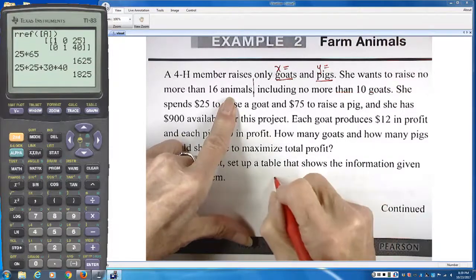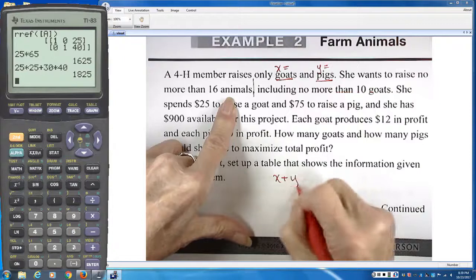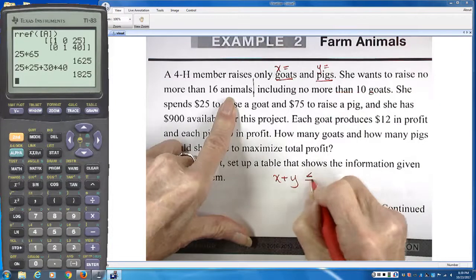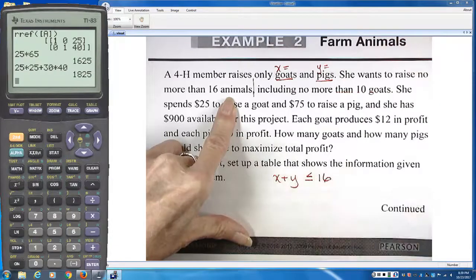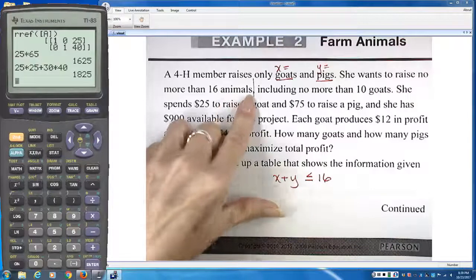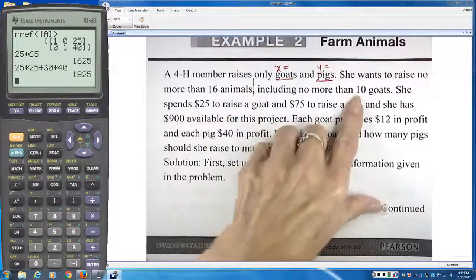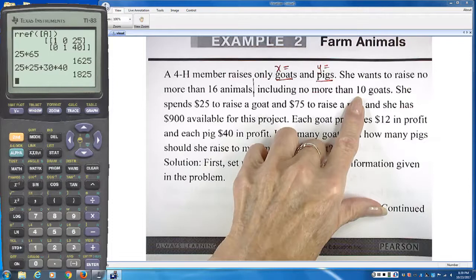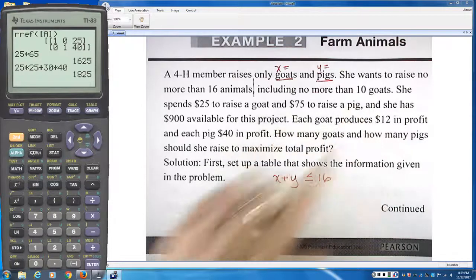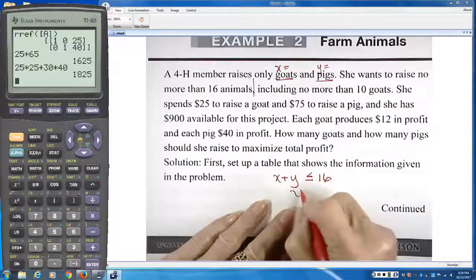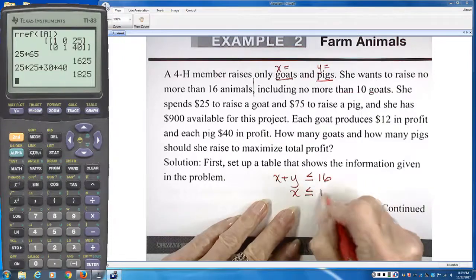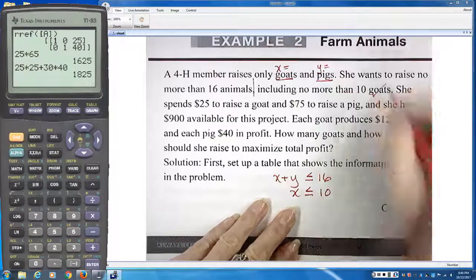Okay. So X plus Y is going to be equal to or less than 16. And of those 16, she doesn't want any more than 10 goats. What does that tell you about X? Okay. So we took care of that.